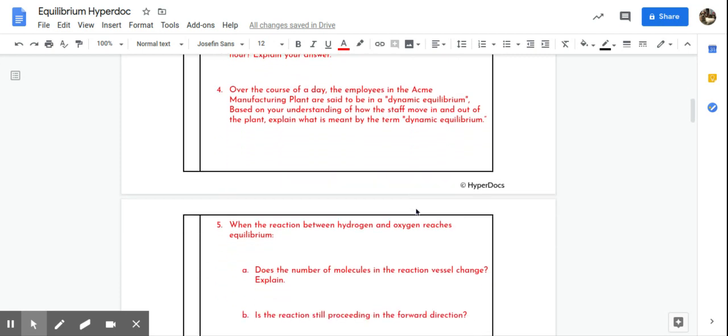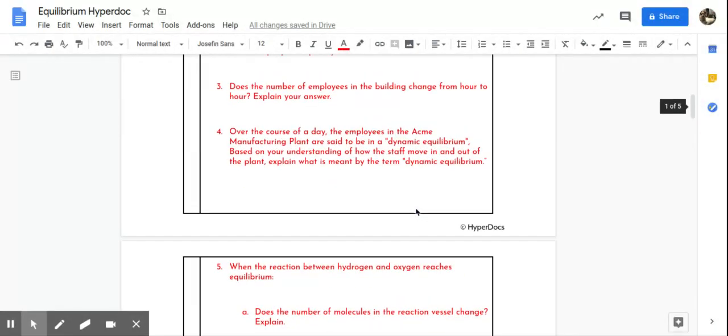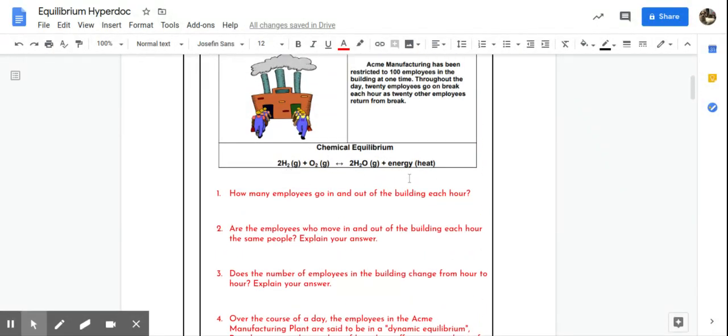So now we're going to apply that to the reaction. The reaction we're going to be looking at is this one right here. It just looks like a normal reaction, but you might notice a little bit of a weird arrow here. This is a double-headed arrow. What that arrow means is that this reaction is reversible. We can go this way, or we can go in the reverse direction.